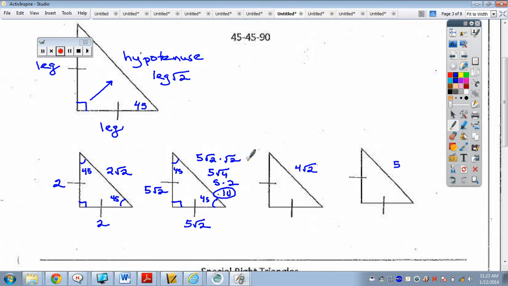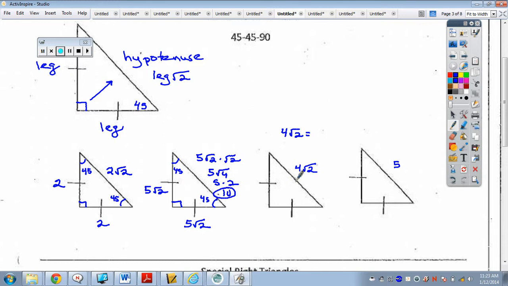The harder problems exist when they give you the hypotenuse and ask you to work backwards. Instead of multiplying by root 2 to get the hypotenuse, they give you the hypotenuse and you have to divide by root 2 to get back to a leg. So 4 root 2 right now is equal to my hypotenuse.